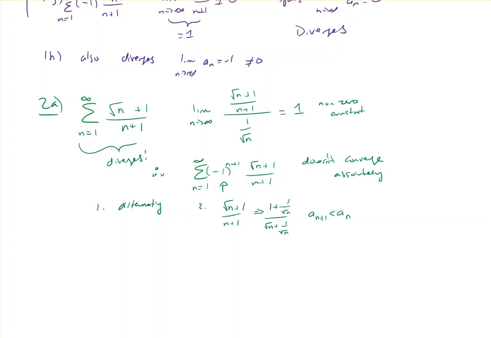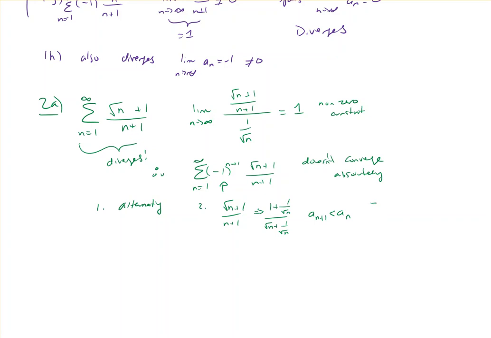Just think about it. As n is getting larger, the denominator is still going to get really, really big, but the numerator is just going to get closer and closer to 1. So the numerator is not getting any bigger. The denominator is getting larger. So as n gets really big, a of n plus 1 is getting smaller and smaller relative to a sub n.